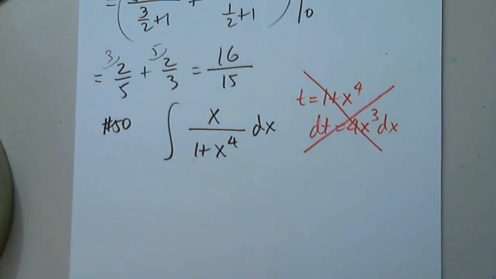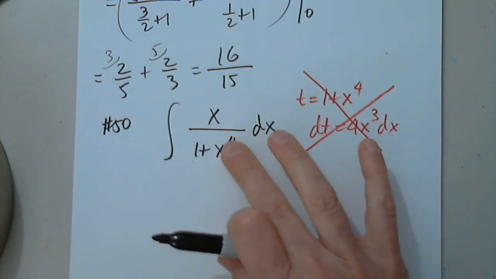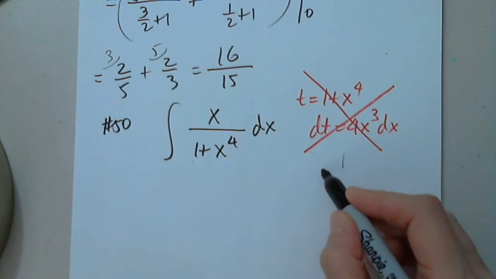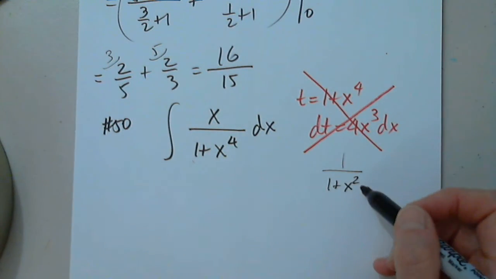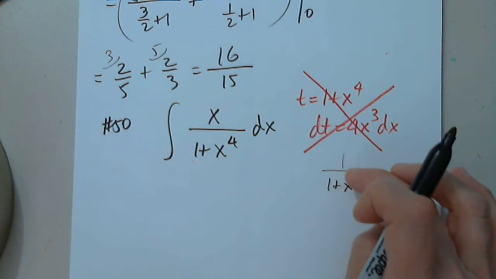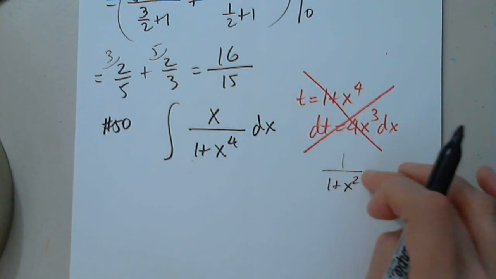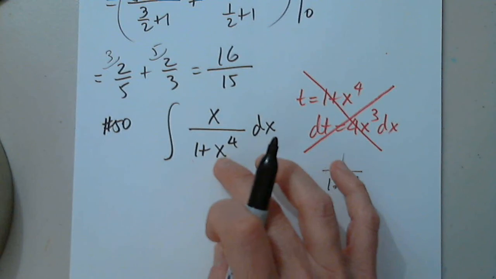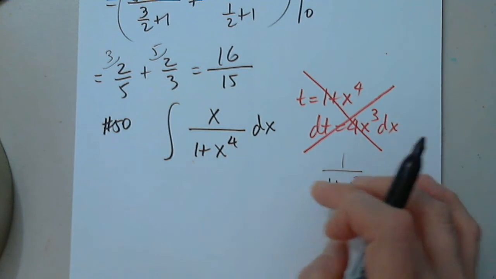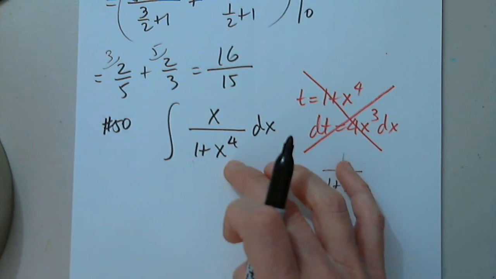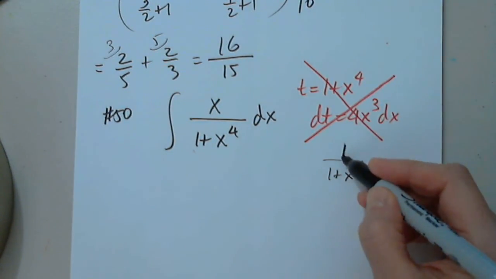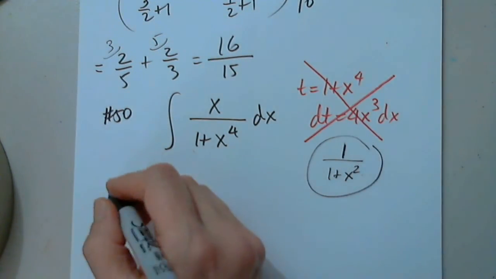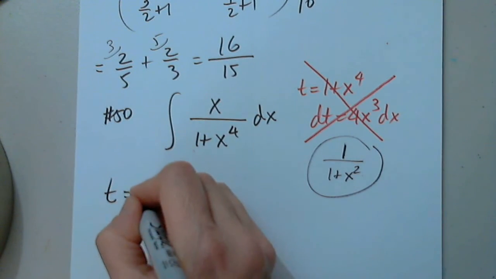And I also have in mind, when I see something like this, something like 1 plus x squared, right? Because I have a function in my mind, the arctangent, of 1 plus x squared. But I don't really have 1 plus x squared. I have 1 plus x to the 4th. So I'm thinking of this, and I'm going to say let t be.